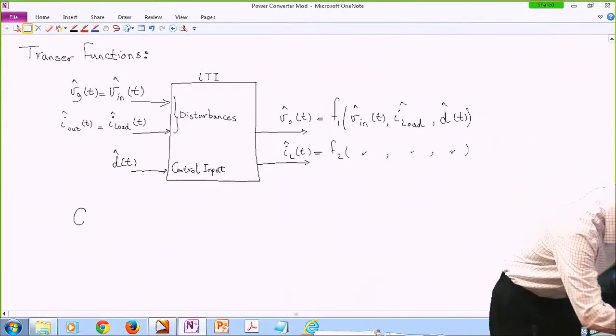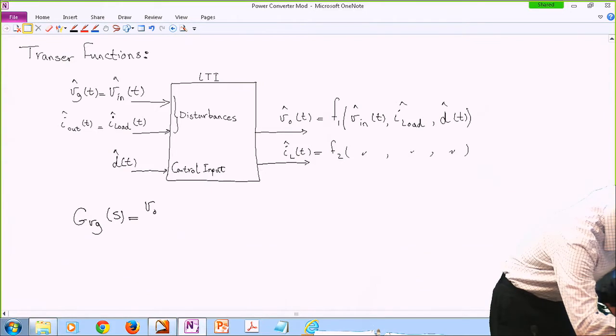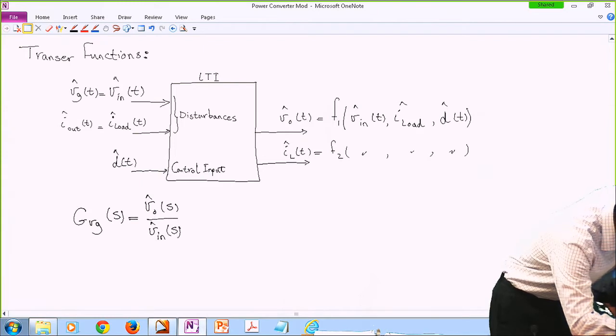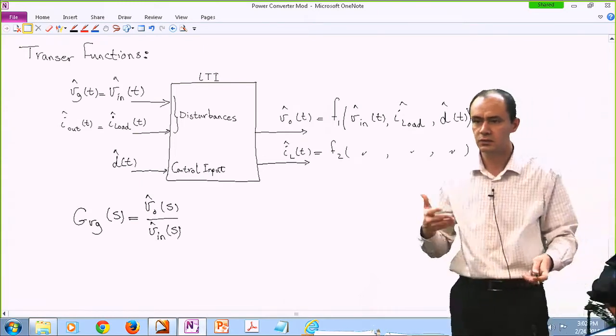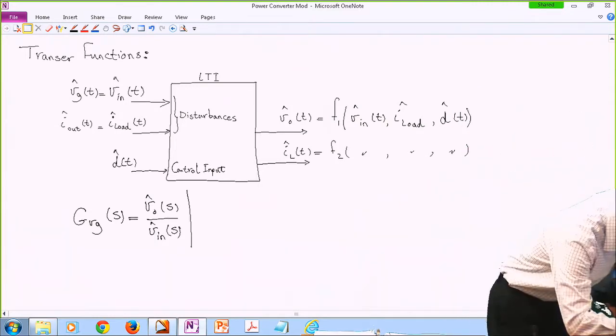So these transfer functions are labeled in a standard way. And by the way, when we talk about transfer functions, we are talking about the Laplace transformation. So all of a sudden, I'm switching from a time domain kind of notation to frequency domain notation.